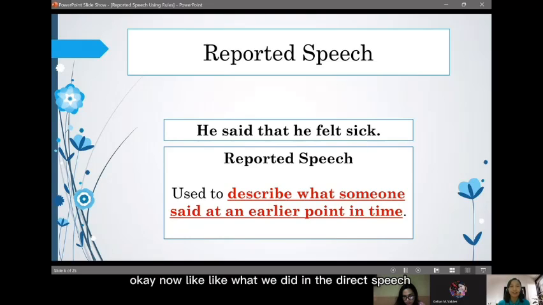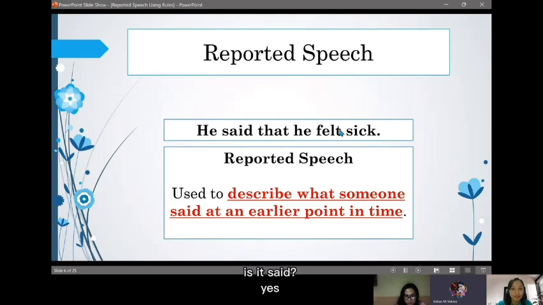Okay. Now, like what we did in the direct speech, let's study the structure of this reported speech. So, what is the main verb of this reported speech? Anyone? Is it said? Yes.